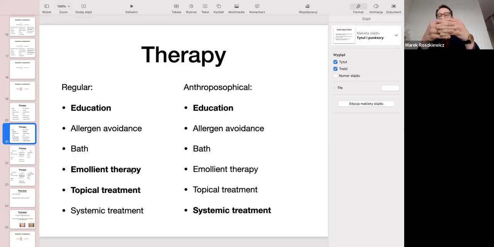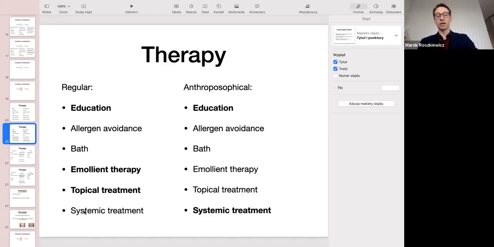When we see normal skin, the dry skin looks like this. And through this skin, substances, bacteria, antigens, the external world basically, can come in and create this reaction. So emollient therapy is something that helps us but doesn't solve the problem. And also topical treatment.